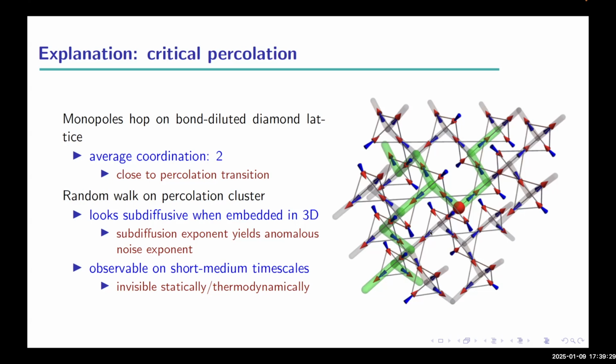So that's it. Basically, the system self-organizes to have the monopoles subdiffuse on a fractal cluster, and this is the property of the fractal cluster which feeds through into the unusual signal that I showed. So I'm going to justify these statements in more detail now, but this is basically the story.